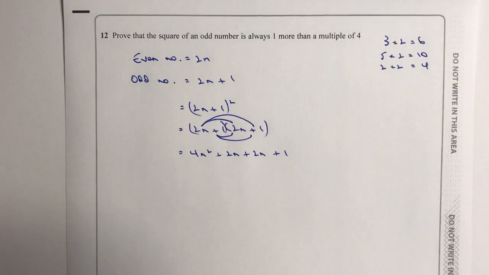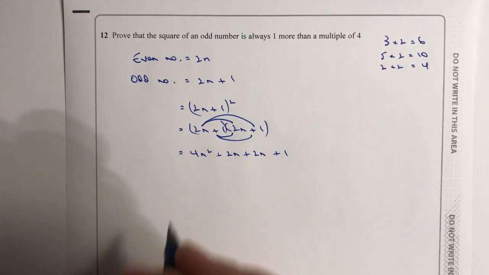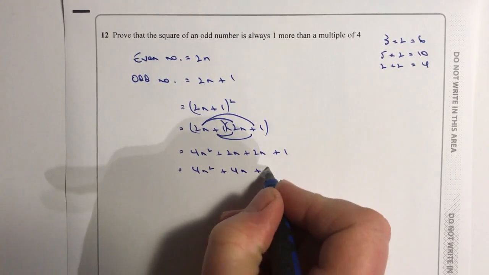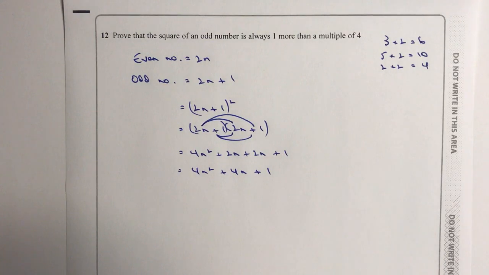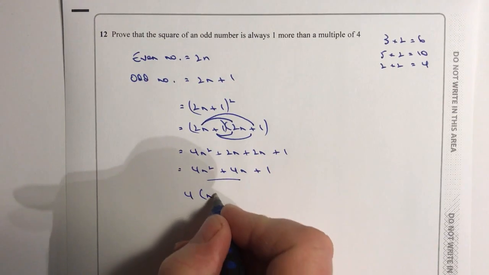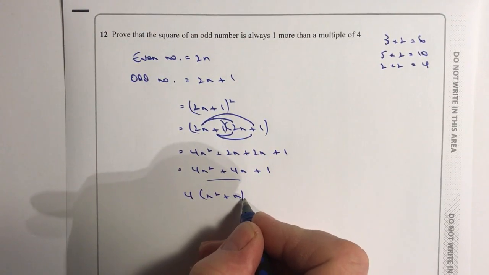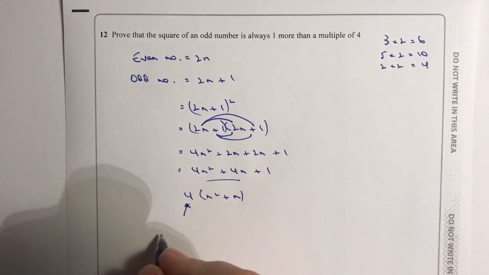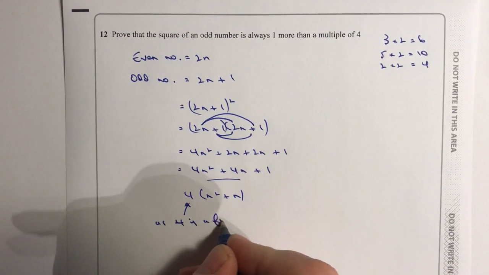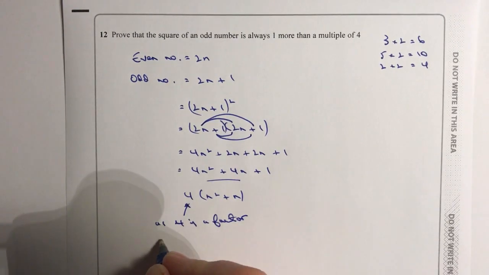Okay, so if I tidy that up a little bit, what I end up with is 4n squared plus 4n plus 1. And that's fine, isn't it? Because it allows me then to prove this particular statement, because the first two terms have a factor of 4. So what we're saying is that as 4 is a factor, then it must be a multiple.